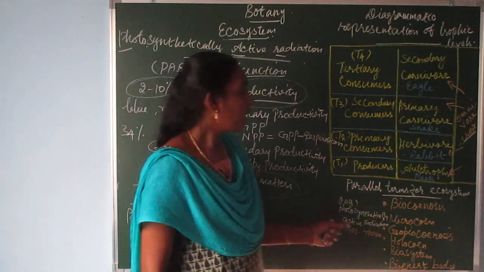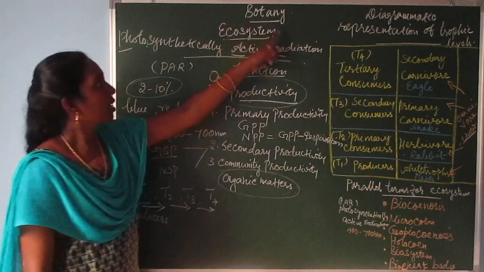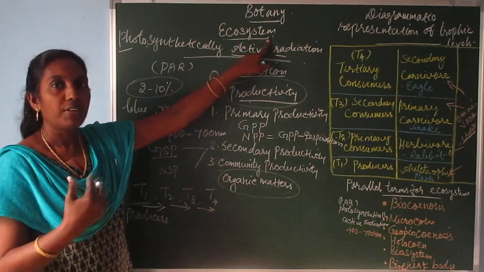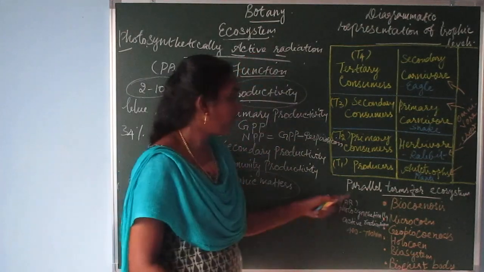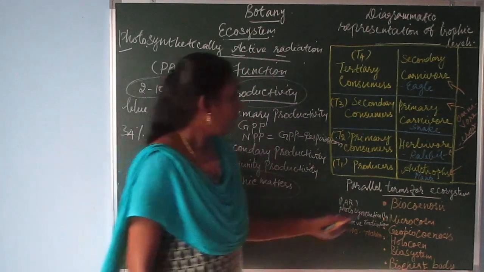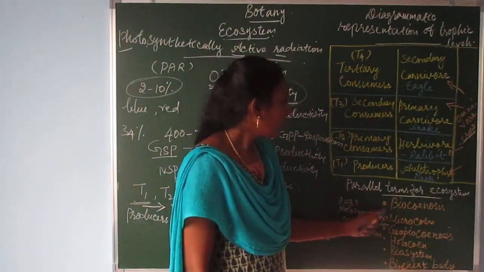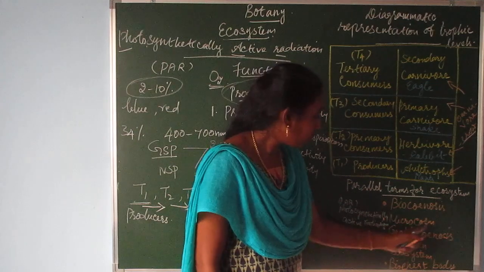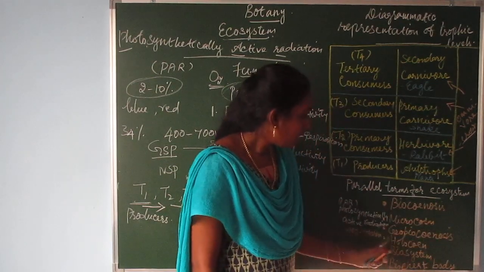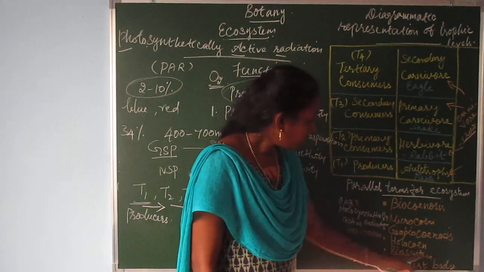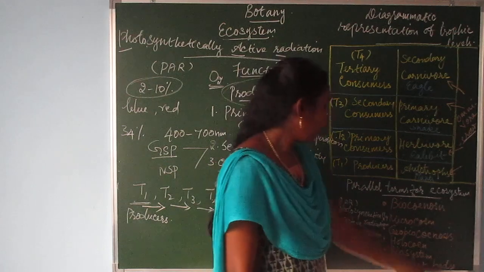Then one more question: there are some parallel terms for ecosystem. Here the topic is ecosystem. Different scientists have given different parallel names to this ecosystem. One of the parallel terms is biocenosis, microcosm, geobiocenosis, Holocene, biosystem, bio-inert body.